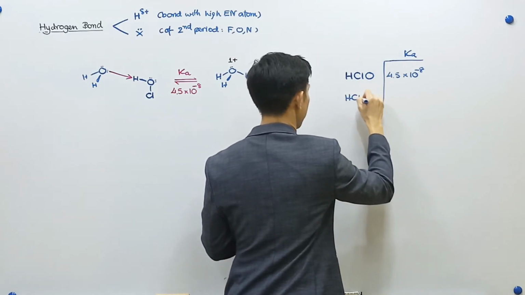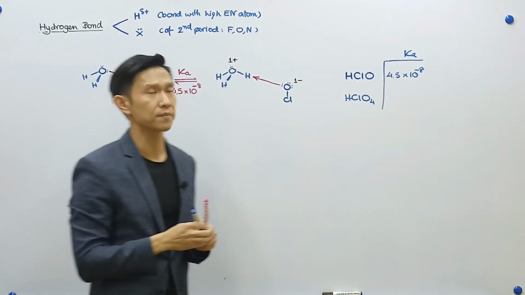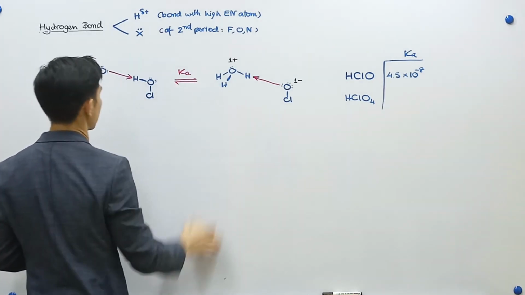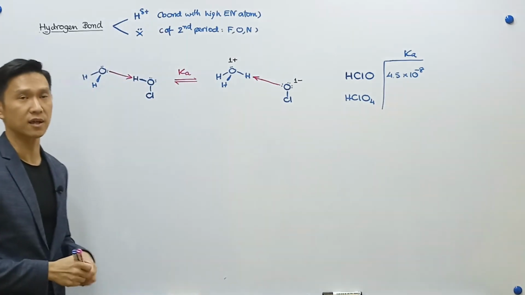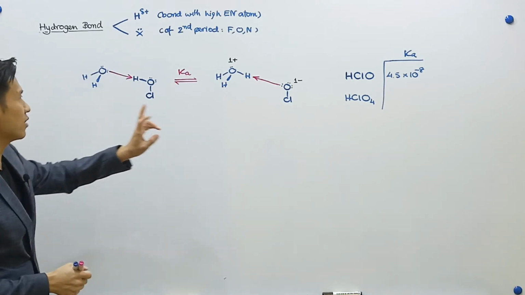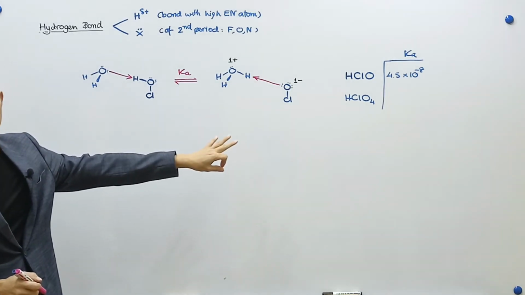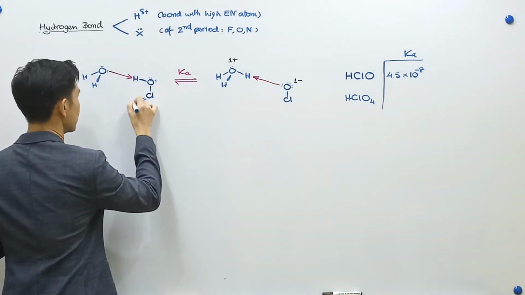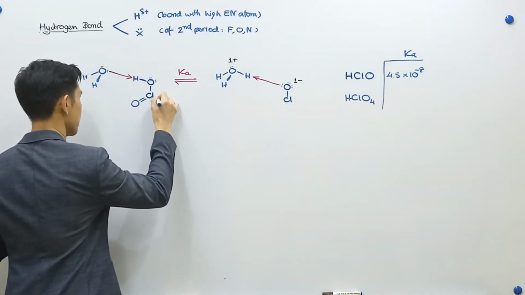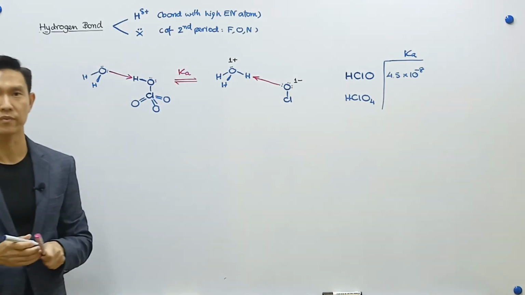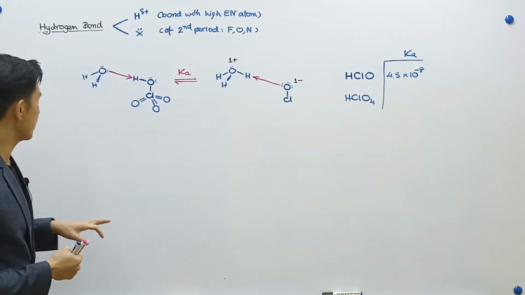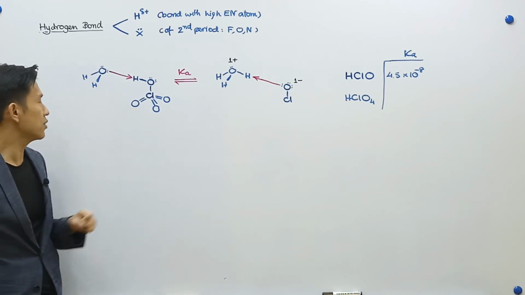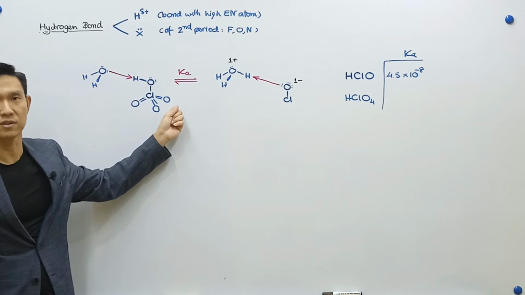Now we're going to look at our perchloric acid. Perchloric acid differs from hypochlorous acid in that you add 3 more oxygen atoms into the molecule, and then your chlorine would be like this. So not only one chlorine atom added to water, you add 3 more oxygen atoms.